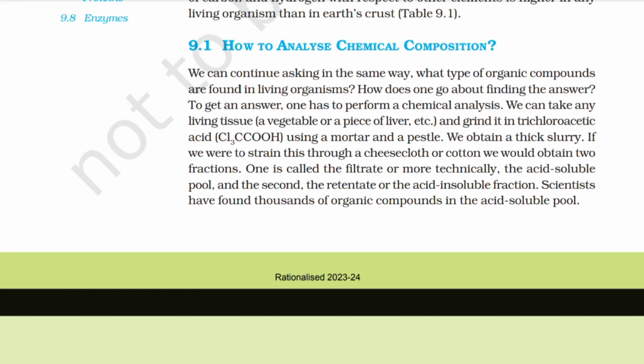If we were to strain this through a cheesecloth or cotton, we would obtain two fractions. One is called the filtrate, or more technically the acid soluble pool, and the second the retentate, or the acid insoluble fraction. Scientists have found thousands of organic compounds in the acid soluble pool.